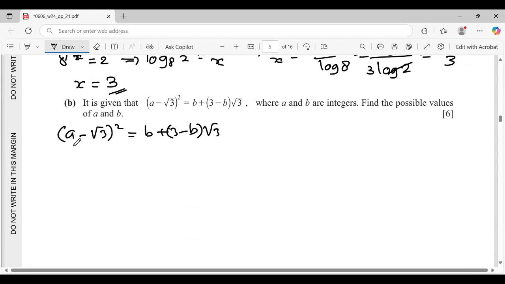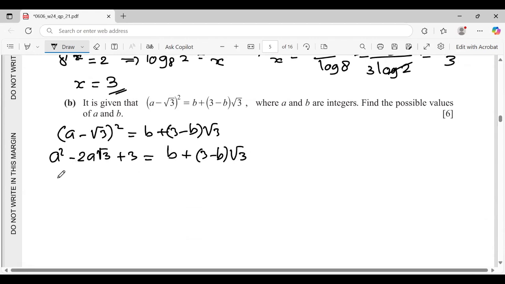I would like to expand the left-hand side, and it becomes a squared minus 2a square root 3 plus 3 equals b plus 3 minus b square root 3.